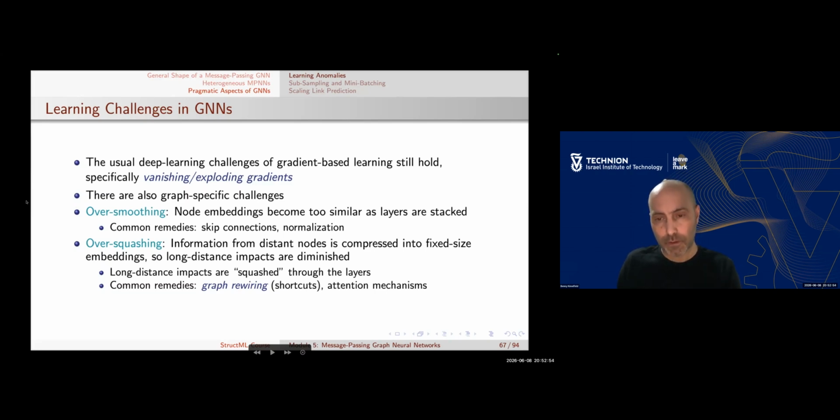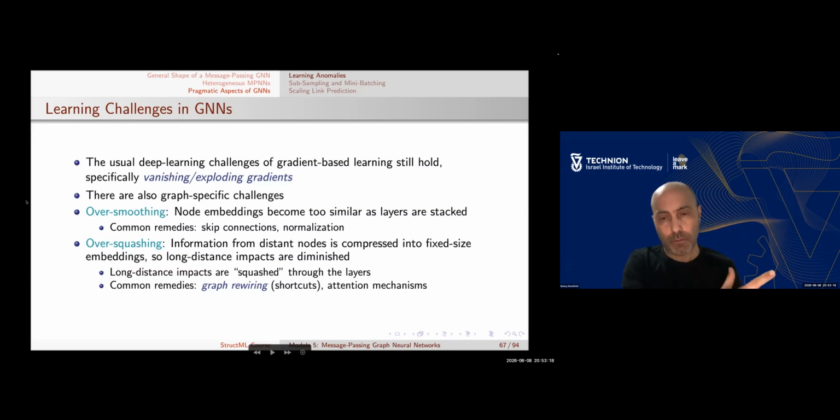We would like the embedding that we are associating to the node to be a reflection of the close, the nearby values, and also the further values, or the further patterns.